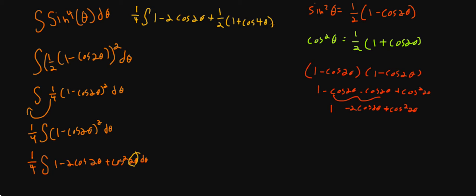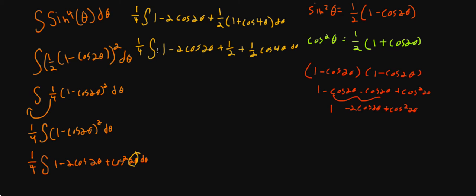So cosine 4 theta. From here it looks fairly simple to integrate by hand, so let's simplify things and integrate. We have 1/4 the integral of 1 minus 2 cosine 2 theta plus 1/2 plus 1/2 cosine of 4 theta d theta.